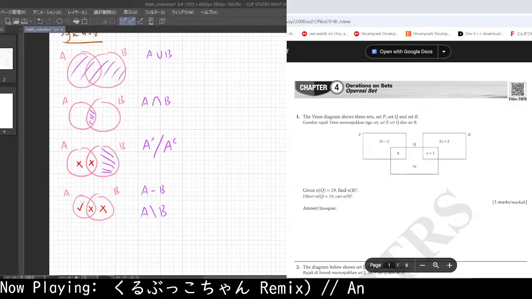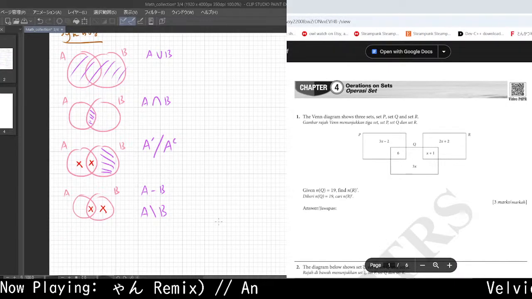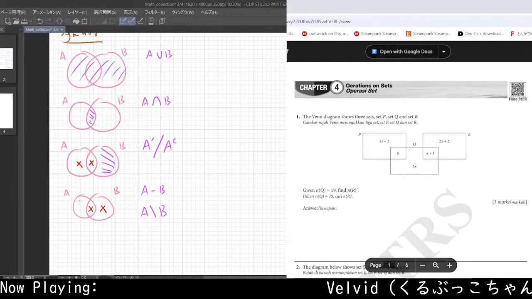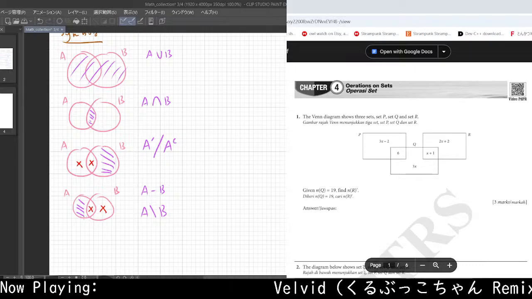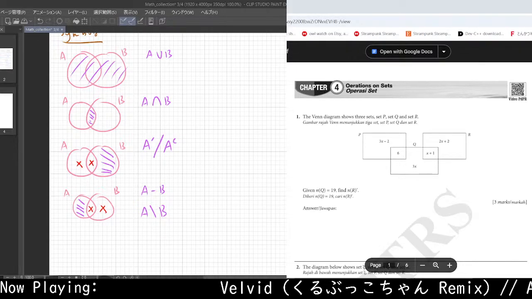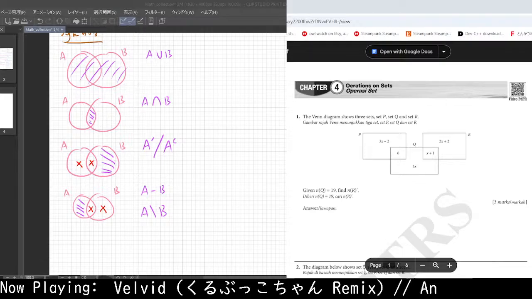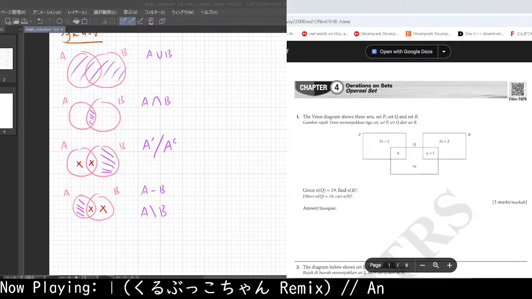We only take this part which is in A but not in B. Therefore the middle portion, since it is also in B, we don't want, we want this section in A only. So that's that. Okay, then we continue.